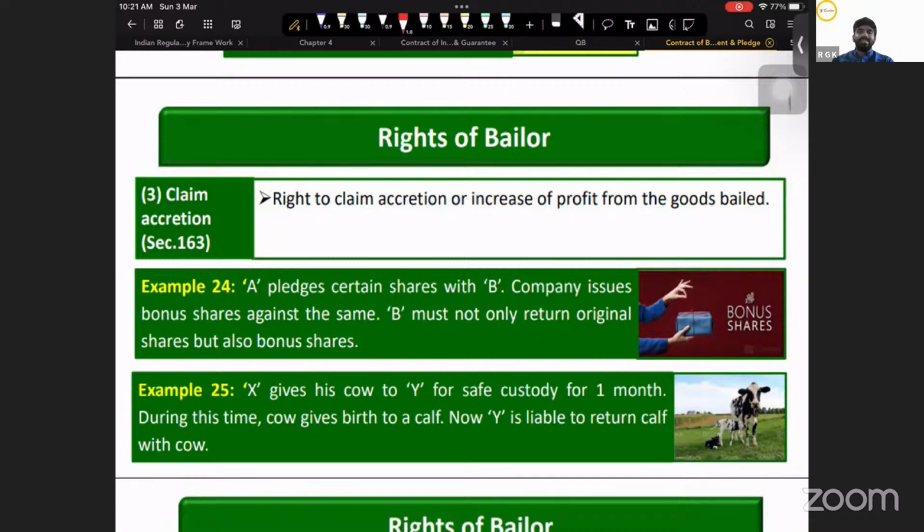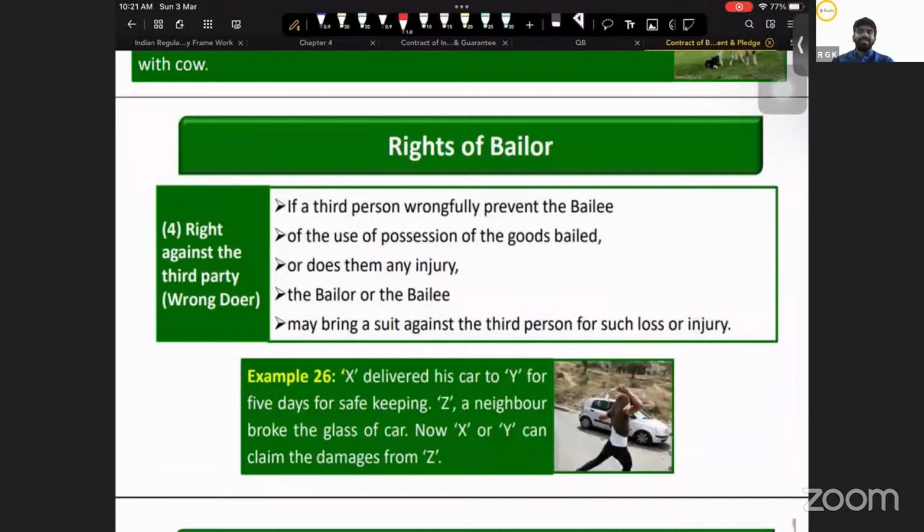Next, rights of bailor. Right against the wrongdoer, right against the third party. So you have given your car for repair. While the car is in the garage, some third party comes and causes harm to your car.